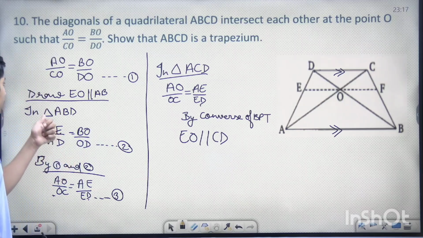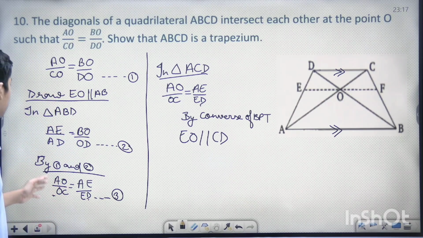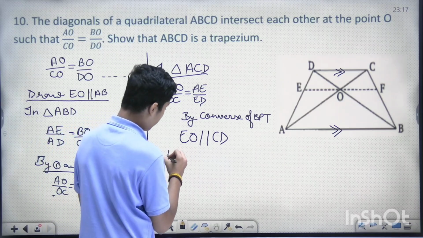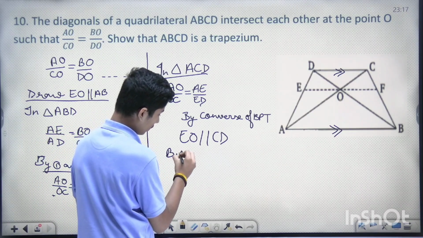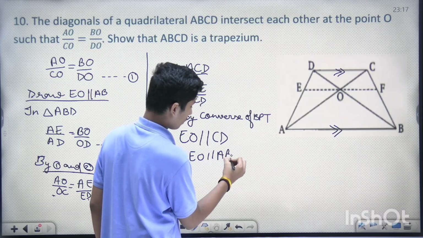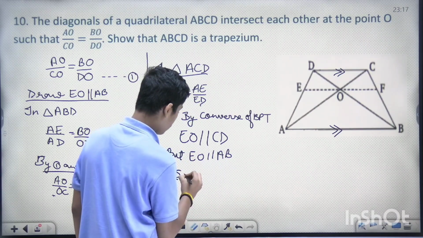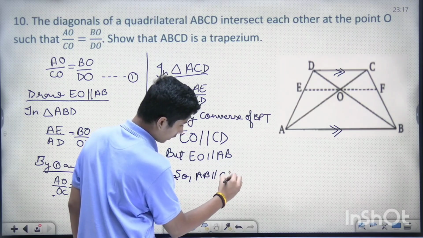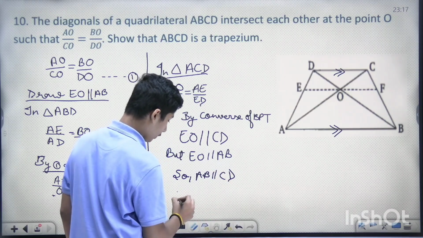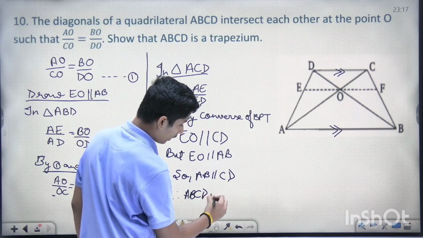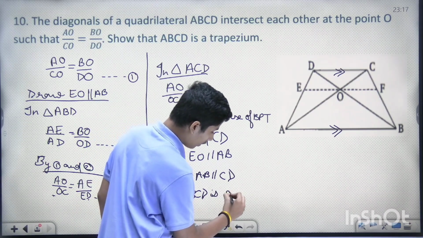And EO was also parallel to AB. So AB parallel to CD. Therefore, ABCD is a trapezium.